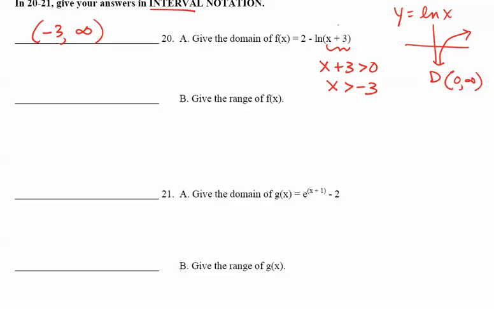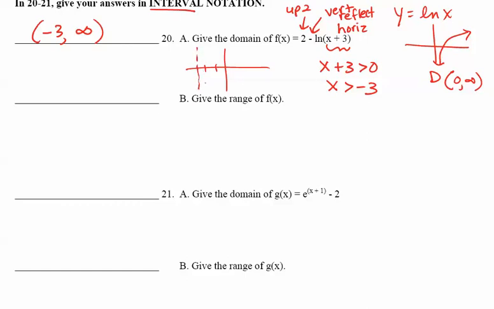So this is our horizontal shift left, and then we're going to do this vertical flip, vertical reflection. And then this is going to take everything up 2 units. So if we think what the graph is going to do, think of our basic logarithmic graph. I'm not going to do this very carefully. I'm going to go 3 units to the left. So there's our asymptote now at -3.